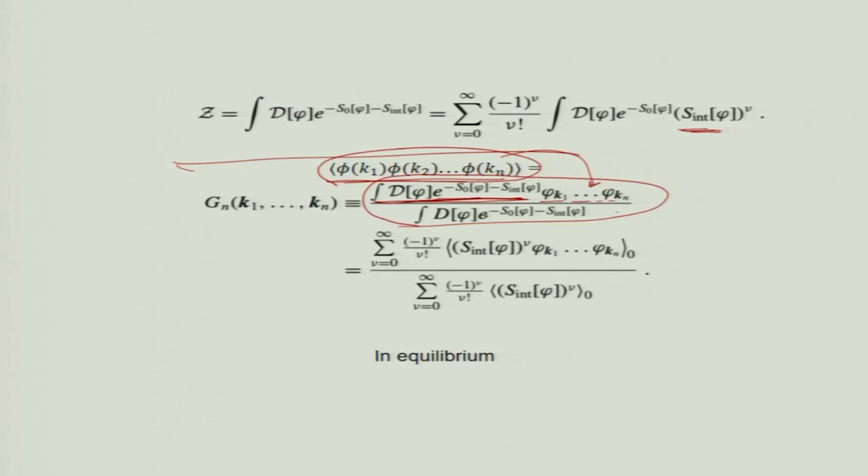So, I expand S interaction, this part is a Taylor series, and this series I in fact wrote in the previous slide without the phi k's. So, phi k was not there. This part sitting here was derived in the previous slide, but the numerator will involve this product as well.